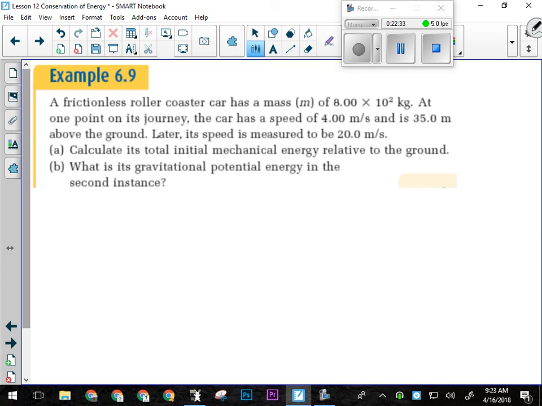All right, so I'm calculating the mechanical energy, which is going to be m times g times h plus 1/2 mv squared. And since this is at the initial point, we'll put in I, but remembering that it's the same anywhere. So we have a mass of 800 kilograms. And as we said, when I'm calculating an energy, I need to keep the mass, times 9.81 times the initial height, which was 35 meters.